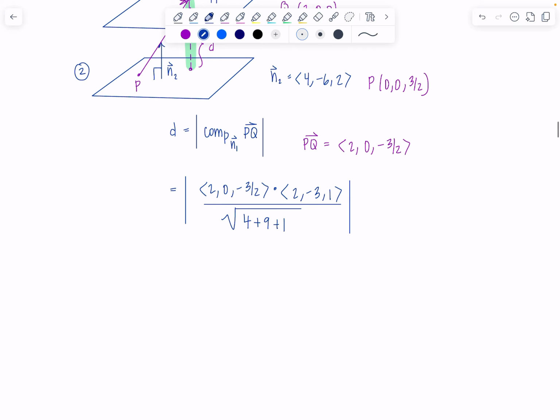So what is this going to be? 4 plus 0 minus 3 halves over rad 14. So 4, that's 8 halves, minus 3 halves is 5 halves. So 5 over 2 rad 14. Perfect. How was that? Fun, right? Not a really laborious process.